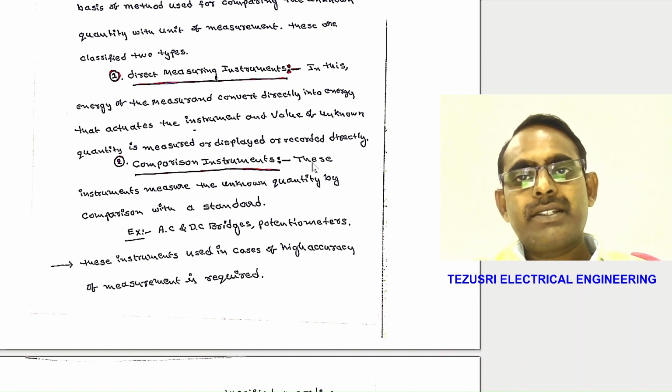Comparison instruments measure the unknown quantity by comparison with a standard one. For example, AC and DC bridges, potentiometers. These comparison type instruments are used when high accuracy measurements are required.